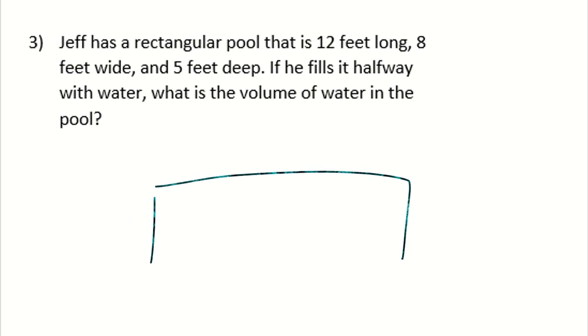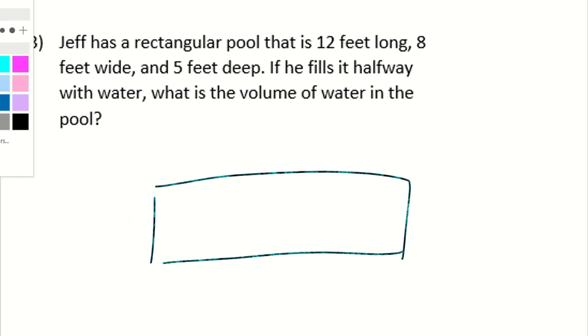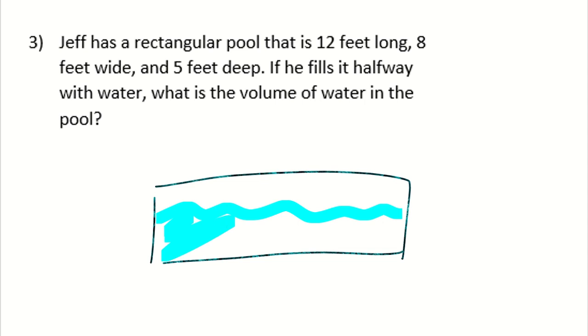Okay, let's pretend we're just looking at this pool from the side. He's only filling it up halfway with water. That's going to be an important keyword here. Let's see, what are the dimensions? 12 feet long, 8 feet wide, 5 feet deep.